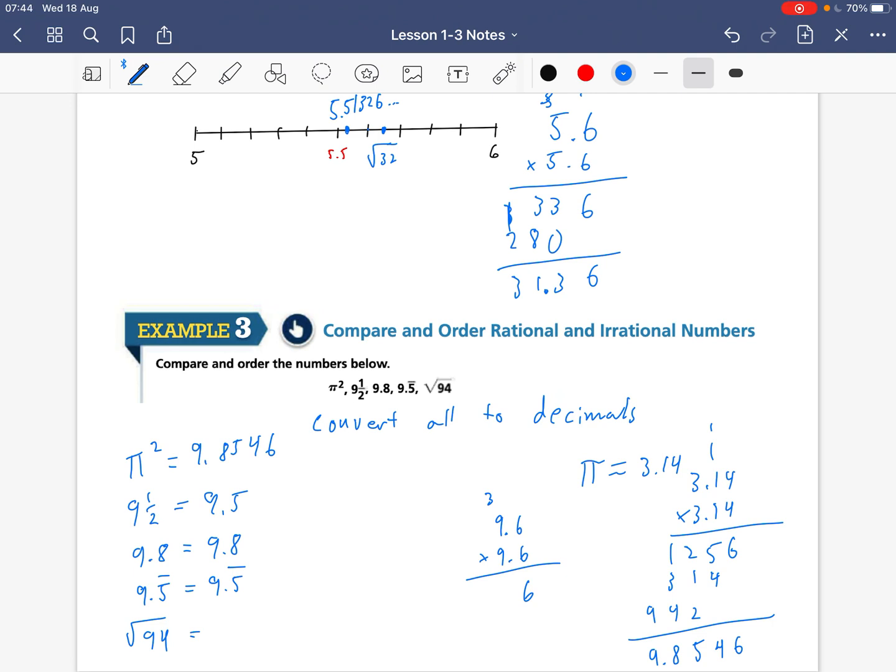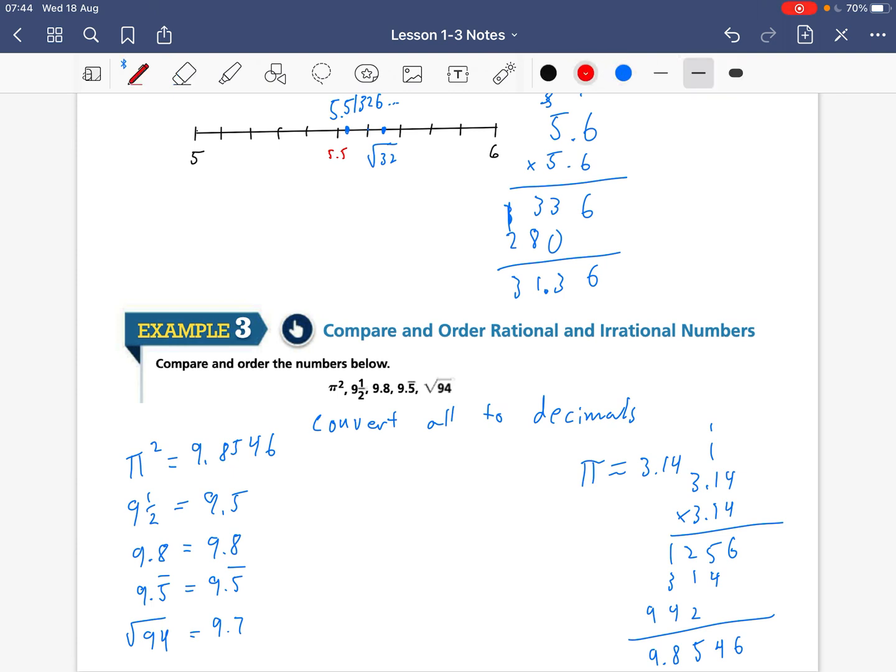It's actually, we're going to do it with 7. 9.7. 9.7 times 9.7. And for the sake of time, I'm going to just work this out on my calculator, so it's 94.09. So the square root of 94 is approximately 9.7. So now what we would do is we would order this, okay?